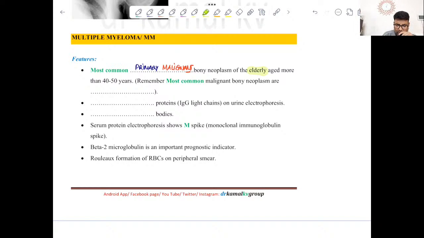And again, if I remove the word primary from here, the answer will become secondaries. This we have already discussed. If we don't include the word primary in the description, the answer will simply become secondaries. And what is secondaries? Secondaries is nothing except metastasis to the bone.